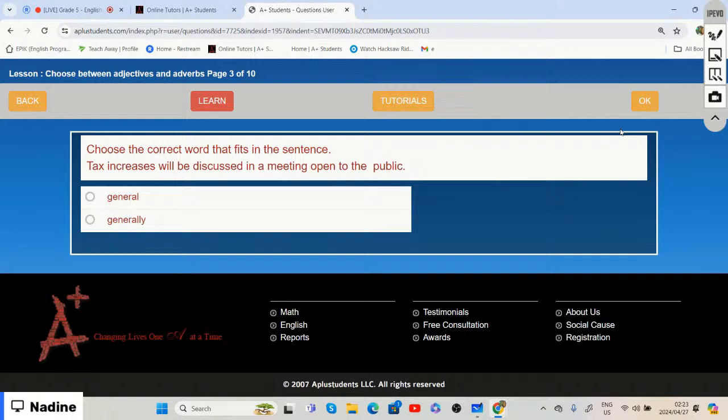Okay, so tax increases will be discussed in a meeting open to, do we say the general public or open to the generally public? So tax increases will be discussed in a meeting open to the general public or generally public. Which one is correct? Is it general or generally?